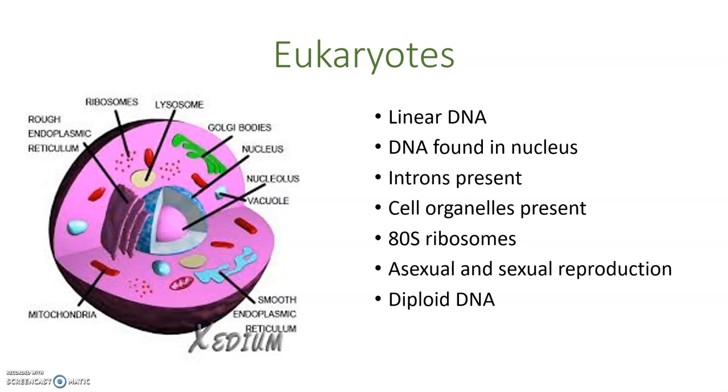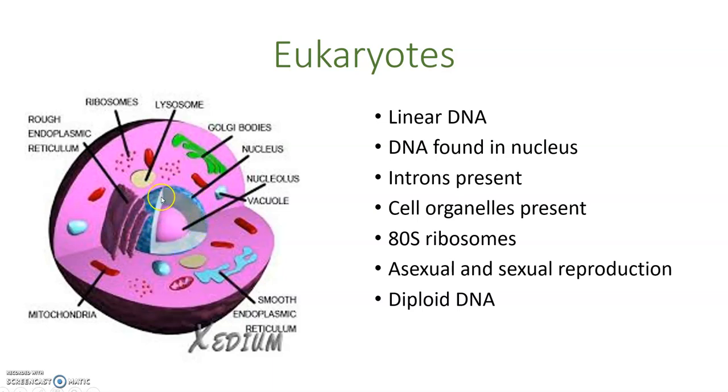Inside the nucleus, the DNA is wound tightly around proteins and packaged into compact units called chromosomes. We have a linear DNA here, while in prokaryotes we have circular DNA. In prokaryotes the DNA was found in cytoplasm only, while here in eukaryotes DNA is found inside the nucleus.